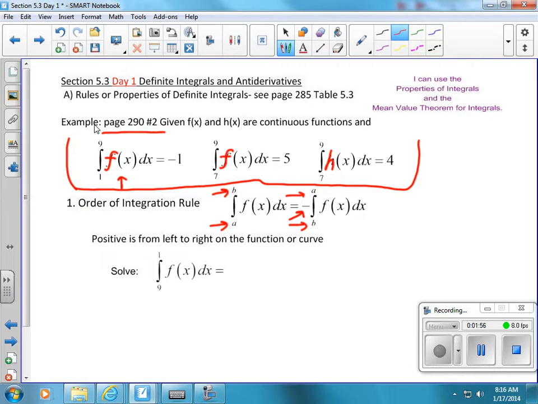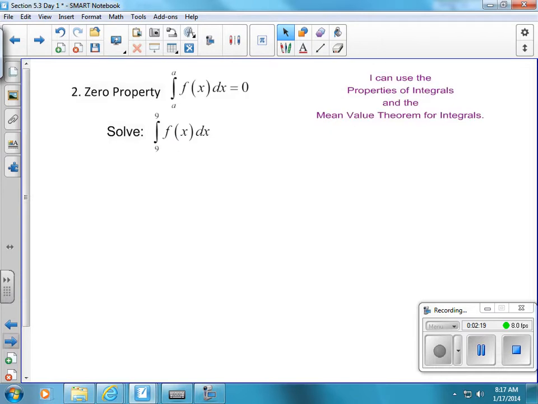So between 1 and 9, we have a -1, but we're going to make that a negative, so this value of the integral from 9 to 1 is a +1, because notice our limits of integration are 1 to 9. If we flip it, you get the opposite. Okay, that's property number 1, order of integration.